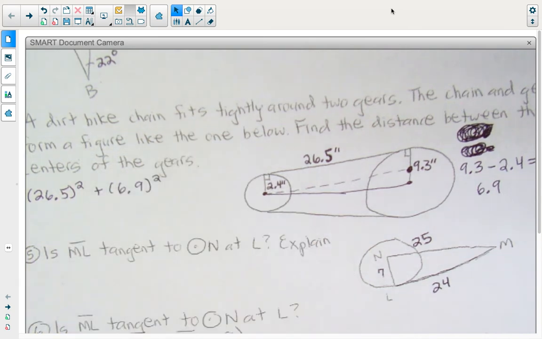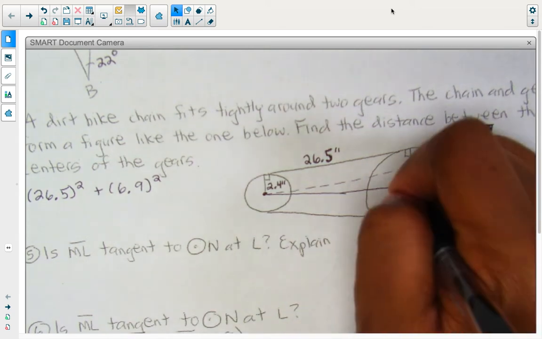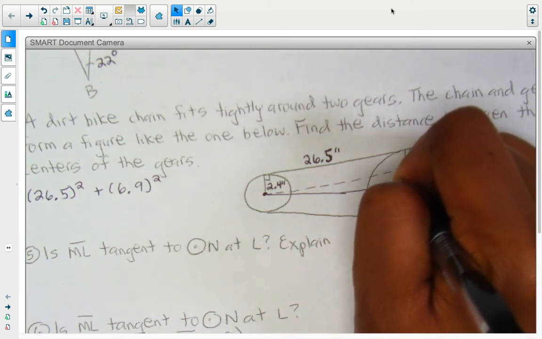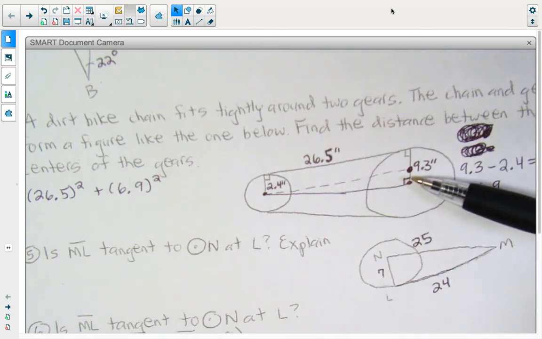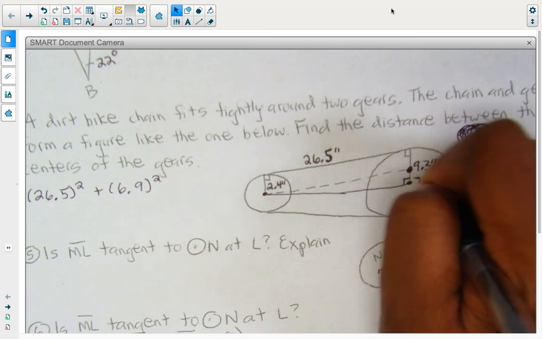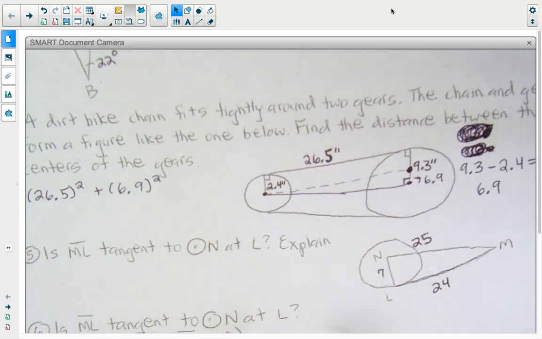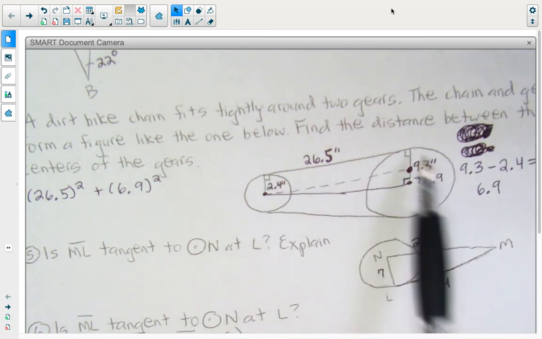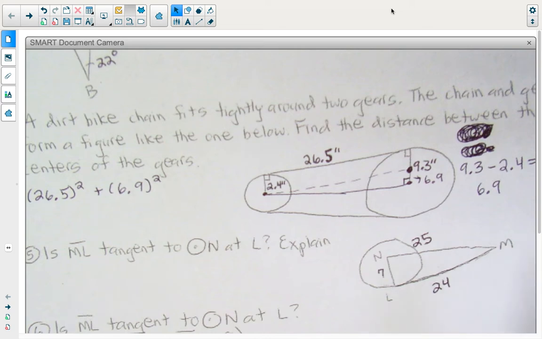So I'm doing a squared plus b squared equals c squared. I now have a right triangle where I can find my hypotenuse. I know that this side is 6.9, this little section here. And if this is 26.5, then I also know that this part right here is also 26.5.